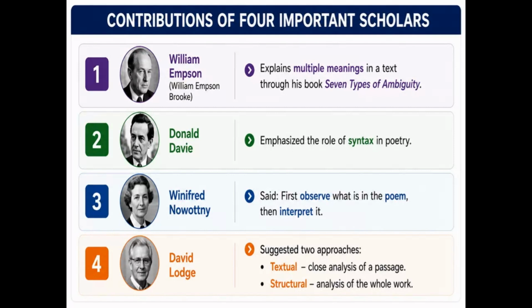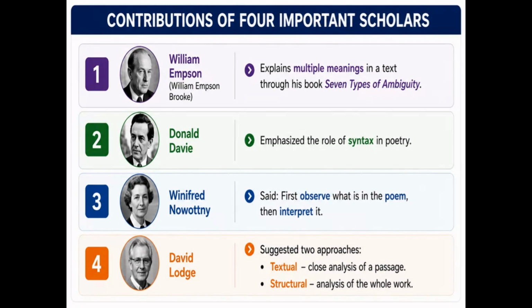Now, another critic, William Empson, in his famous book Seven Types of Ambiguity, shows that one sentence can have many meanings. This became very important in stylistics. Donald Davie emphasized syntax. According to him, sentence structure plays a major role in poetry.